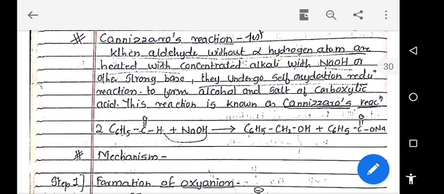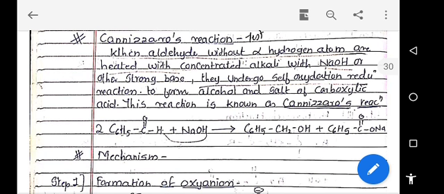That OH- will act as the nucleophile, because there is no proton available, since there are no alpha hydrogens. That's why it cannot act as the base; it acts as the nucleophile. There is no removal of a group, so it is only an addition reaction, and since a nucleophile is involved, it is a nucleophilic addition reaction.